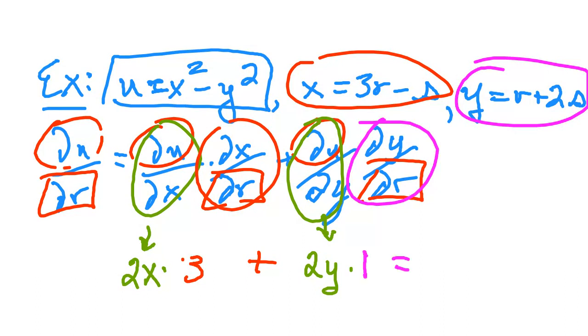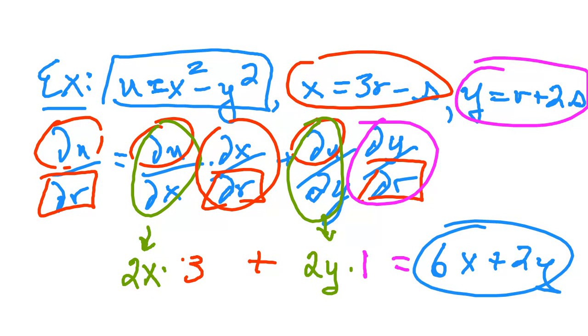So for my final answer, this ends up being 6x plus 2y. Excuse me, am I needing a minus here? Let's see. Yeah, I needed a minus because I didn't do this right. This is a minus sign here.